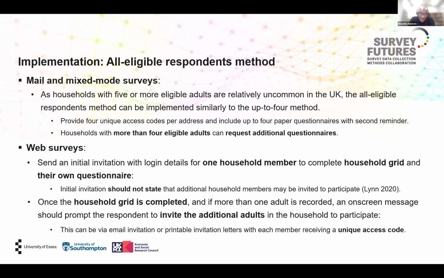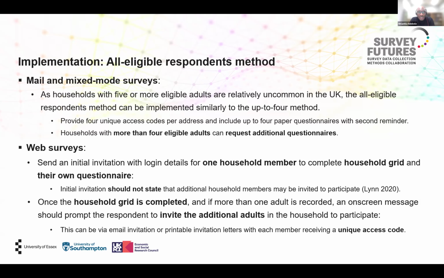Once they've completed the household grid and the questionnaire, if there are more adults who are eligible to participate within that household, there will be an on-screen message that prompts the respondent to invite the additional adults in that household to participate.